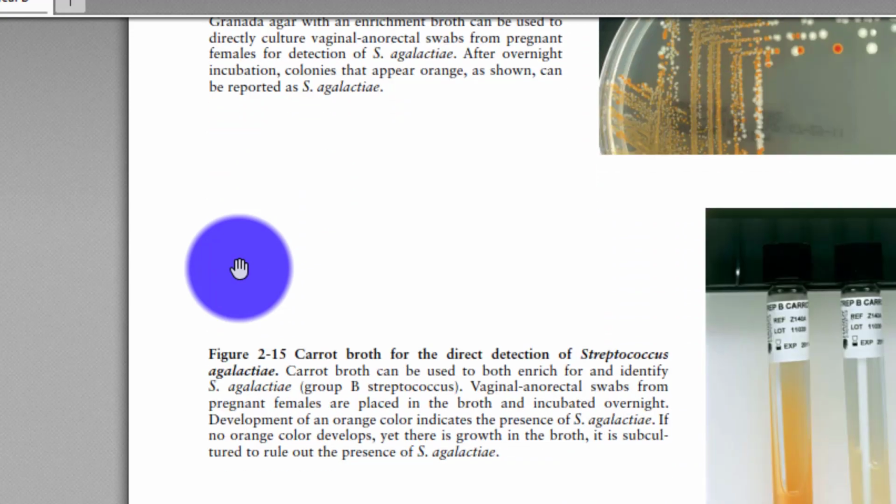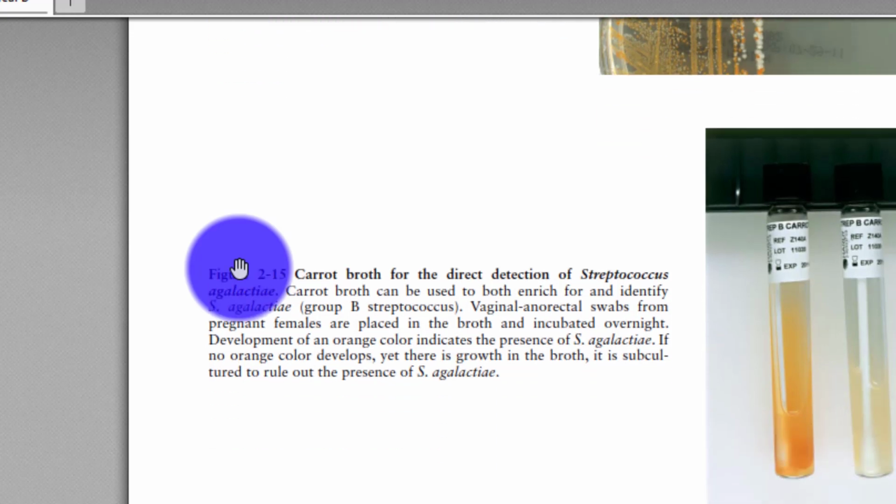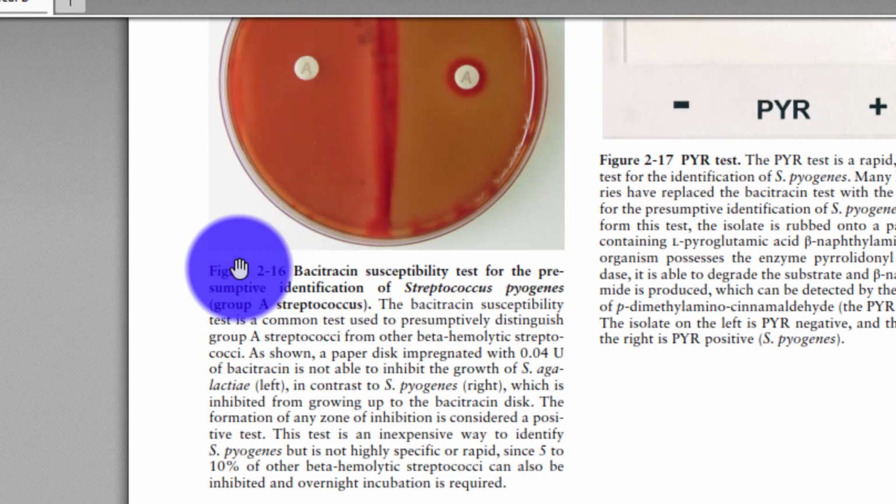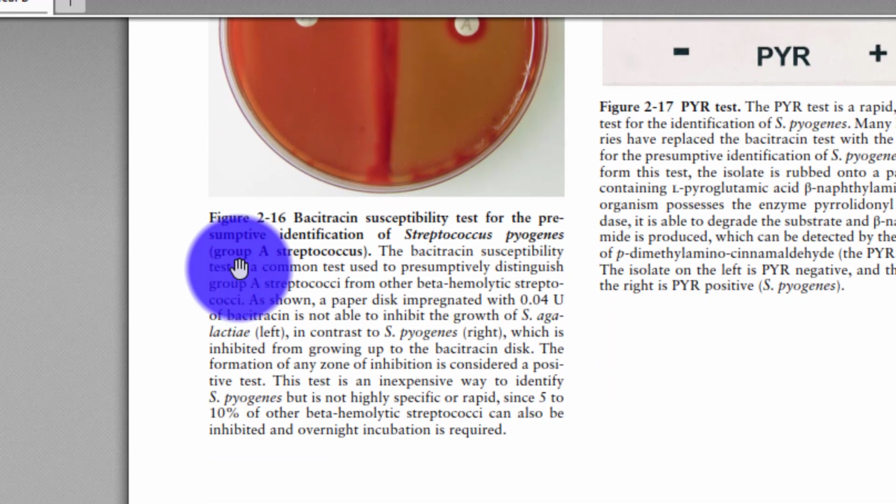Here, carrot broth for direct detection of Streptococcus agalactiae. Carrot broth can be used both to enrich for and to identify Strep agalactiae, group B. Here, bacitracin susceptibility test for presumptive identification of Streptococcus pyogenes.